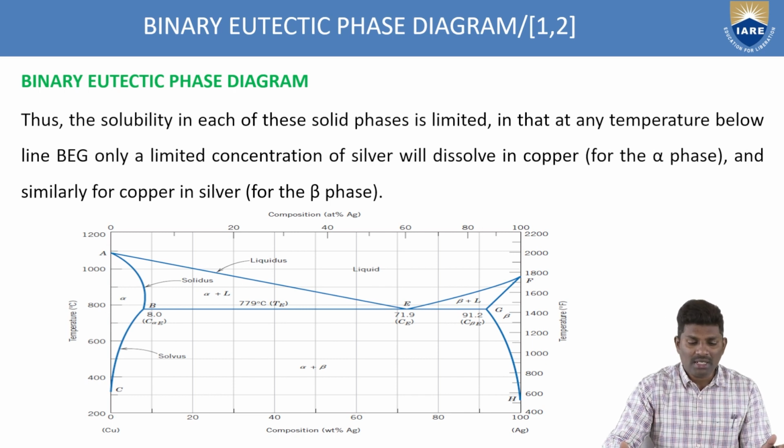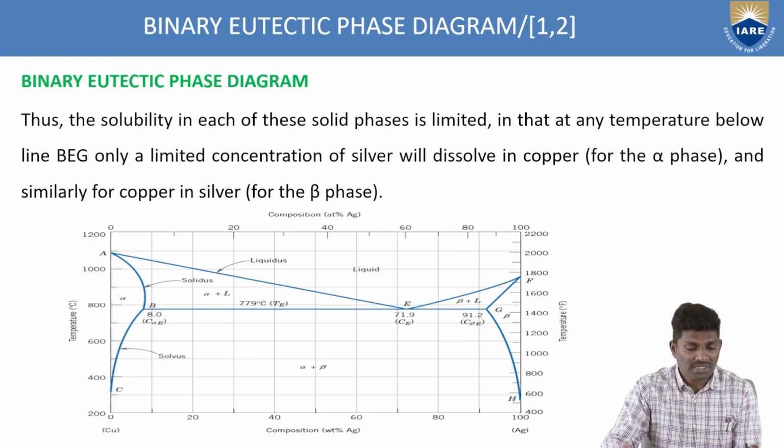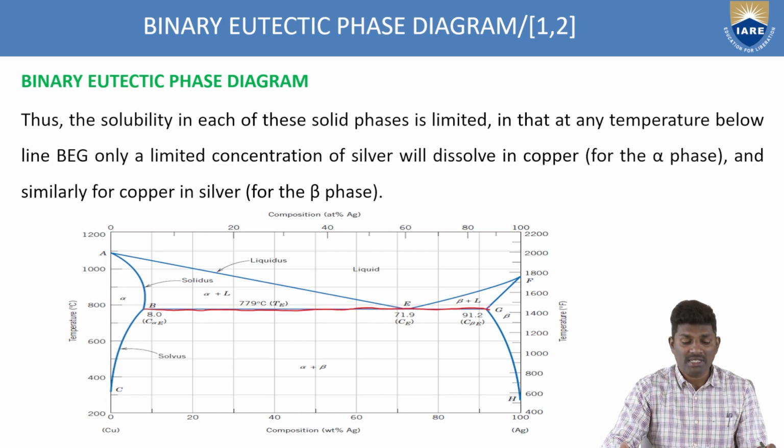Now if you see here, the solubility in each of these solid phases is limited at a temperature below the line BEG. So what is happening? This is the BEG line.